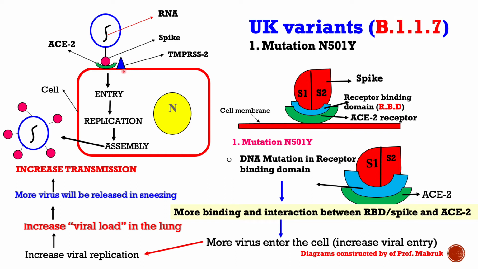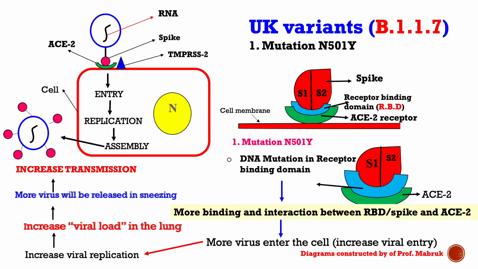The function of this enzyme is that it is a protease enzyme. It will help in the cleavage of a particular protein or peptide of the coronavirus COVID-19, and it will help in the entry of the coronavirus COVID-19 into the human cell.